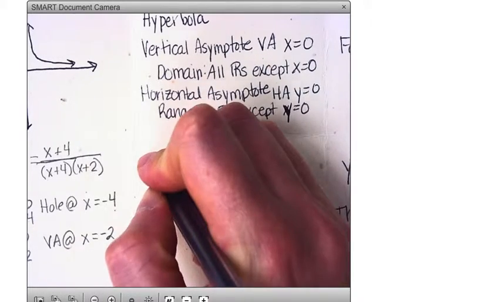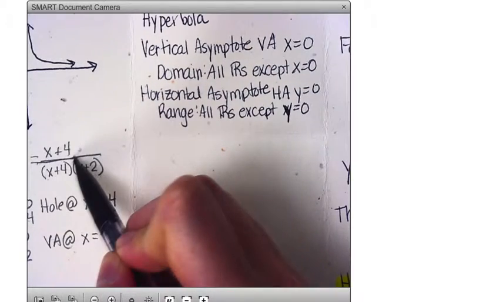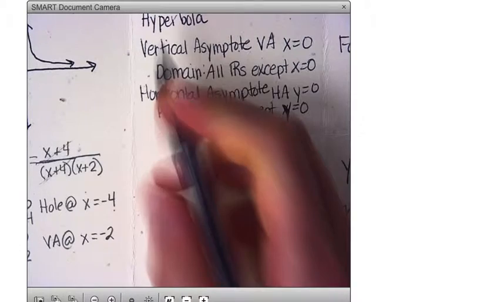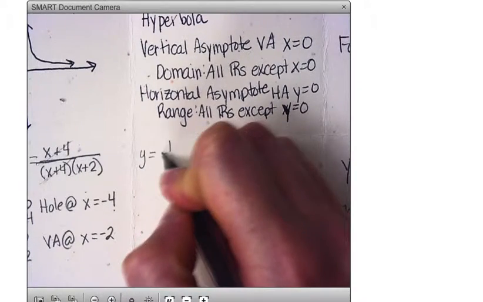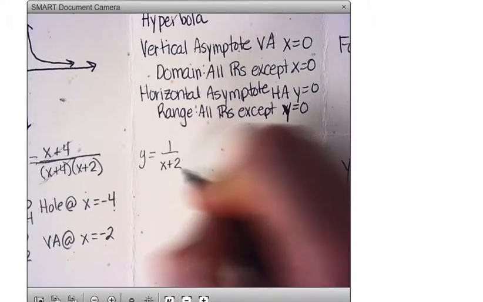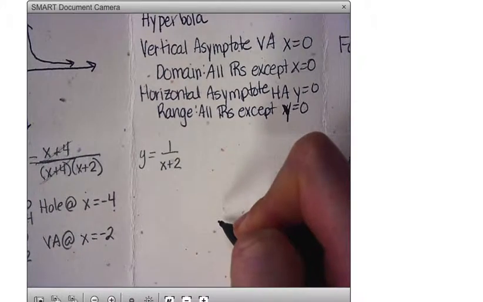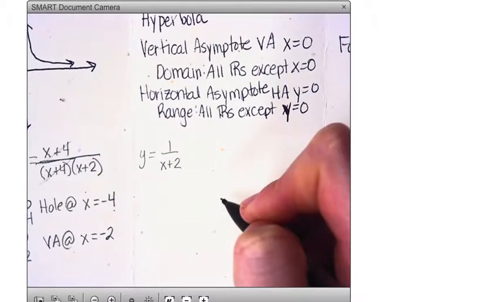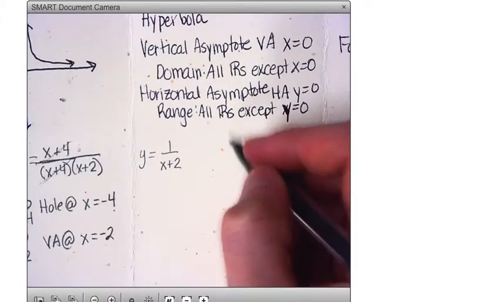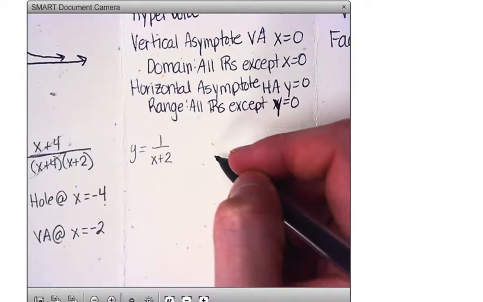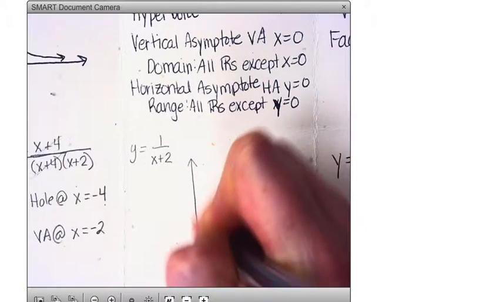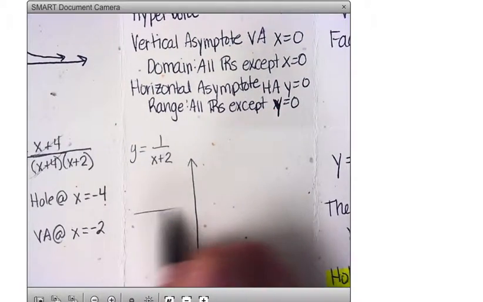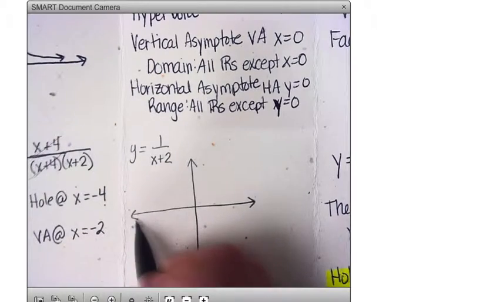This right here, do you see how that crosses out? Okay, that technically reduces to 1 over x plus 2. Just watch me. Don't write this down. You can write it down tomorrow. That is going to graph as this. What happened yesterday if I put plus 2 on the bottom?